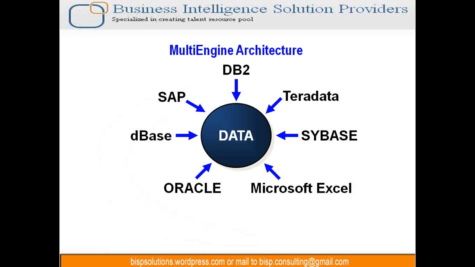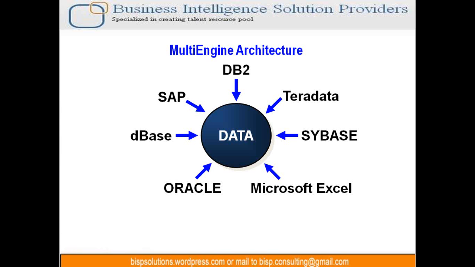If you can see in my next slide, this is the multi-engine architecture. It means wherever your source system is, it might be DB2, Teradata, Sybase, Excel, Oracle, dBase or SAP, whatever your source system, SAS can easily access the data and start its own desired operation as per the business demand.